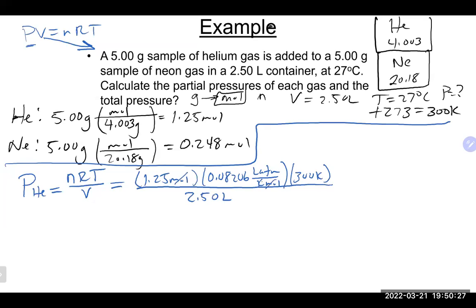Moles cancel, Kelvin cancel, liters cancel. Leaves you just atmospheres left over, which is good because it is a pressure.